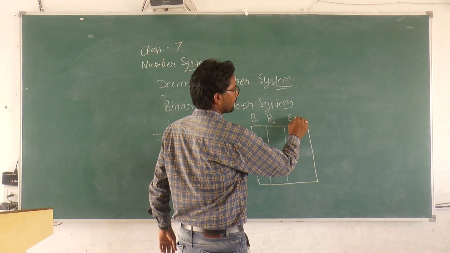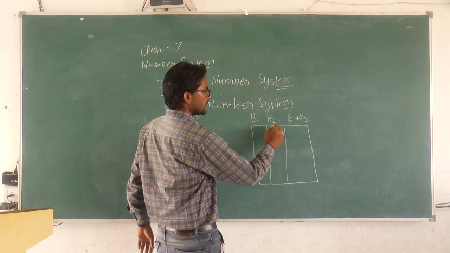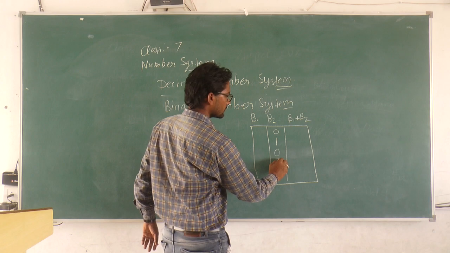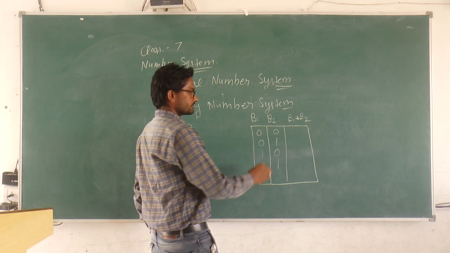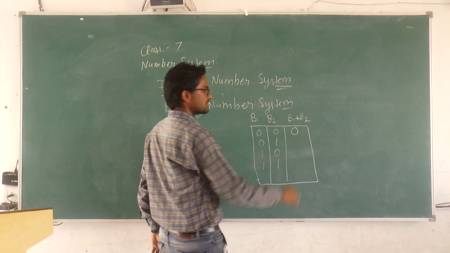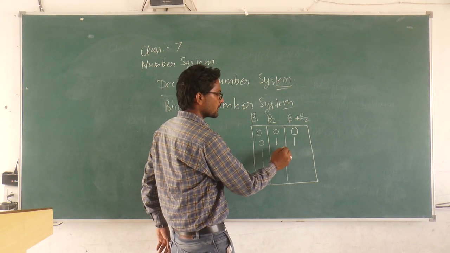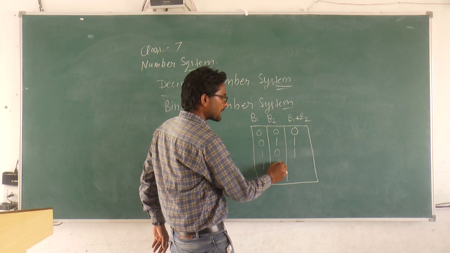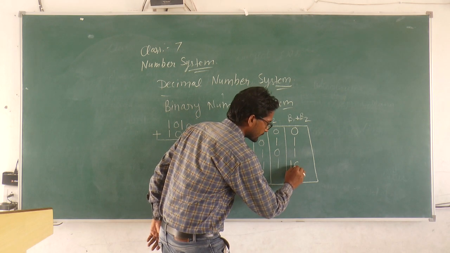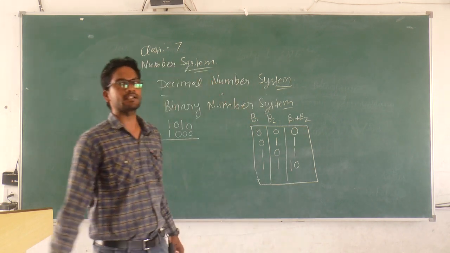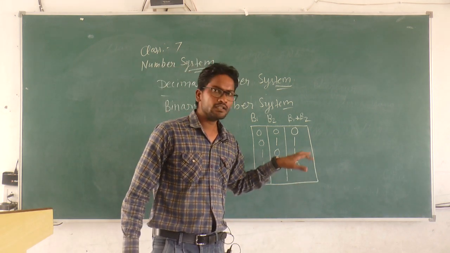Bit 1 plus bit 2: 0, 1, 0, 1 and 0, 0, 1, 1. 0 plus 0 is 0. 0 plus 1 is 1. 1 plus 0 is 1. 1 plus 1, if you call it in the decimal number system, is like 10. But it is not 10, it is a 1, 0.